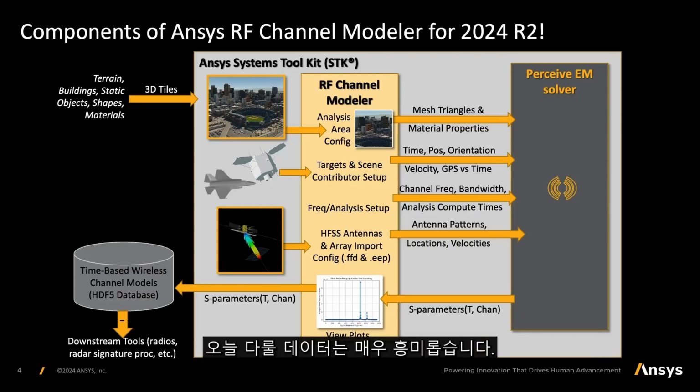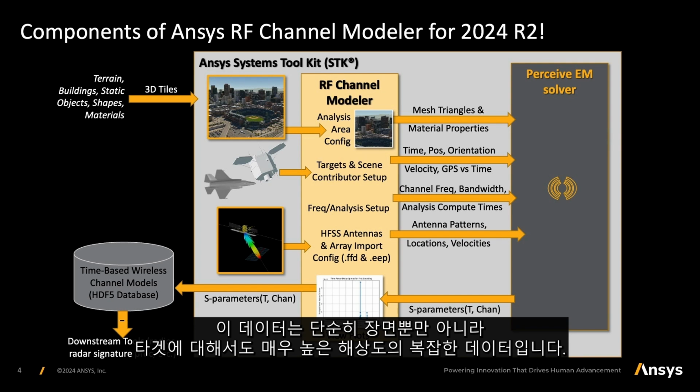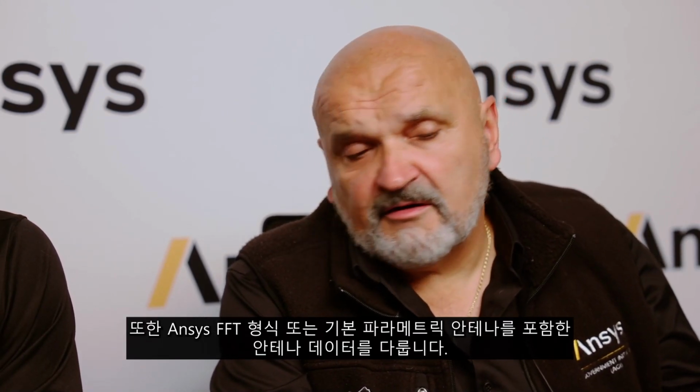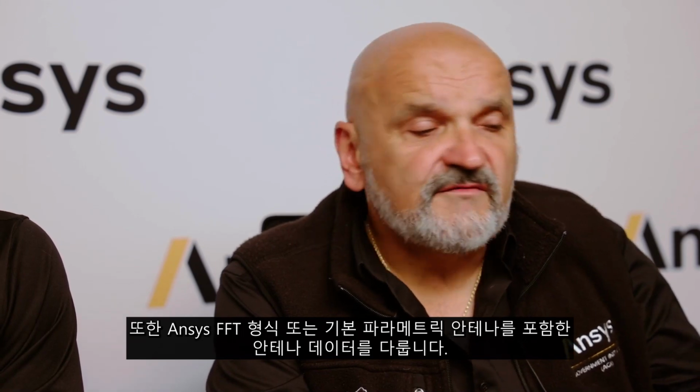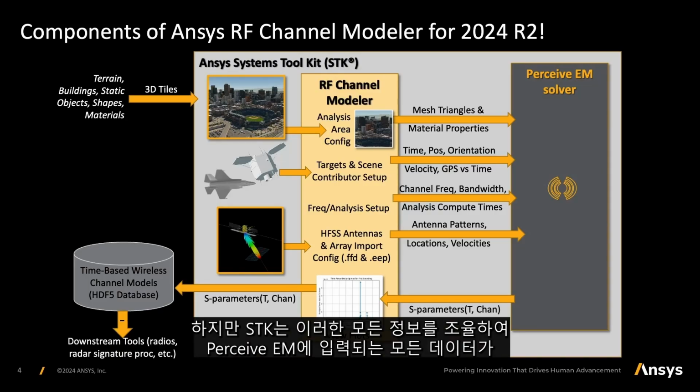But we use STK to prepare the data to go into the system and also to present the data afterwards. The data we're going to talk about today is very complex, very high resolution model data for not only the scenes, but for the targets. We also bring in our antenna data, our Ansys FFD format, or even just some basic parametric antennas. But STK orchestrates all that information.